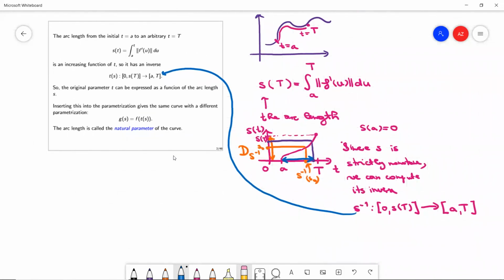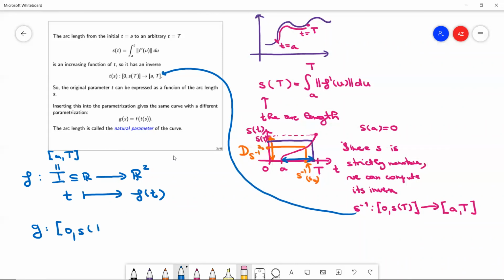And what do we get? We started with the parameterization of our curve. The parameterization was f of t, from some interval into R2, so t goes to f of t. But now we have this t of s, and we can define a function g, which maps from 0 to s of T, again into R2.